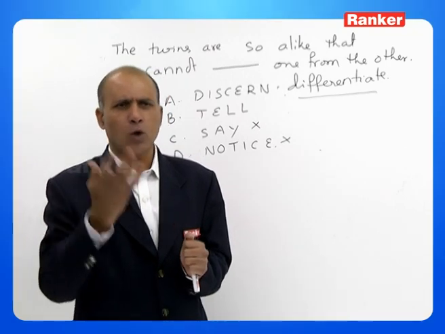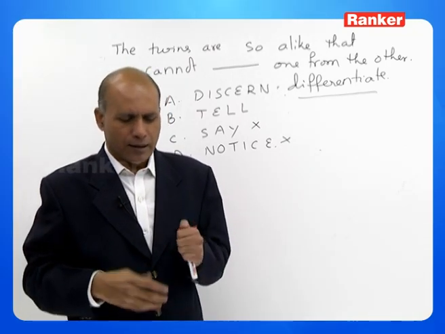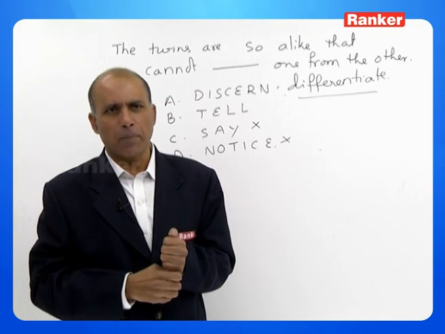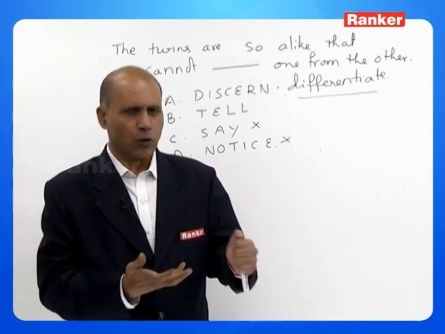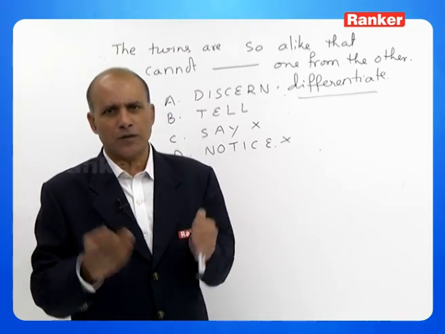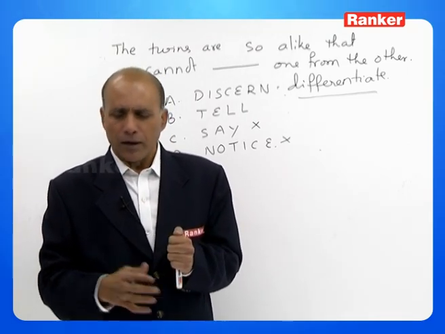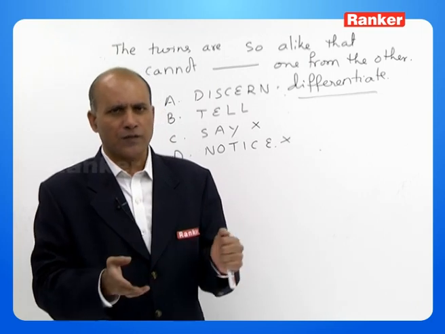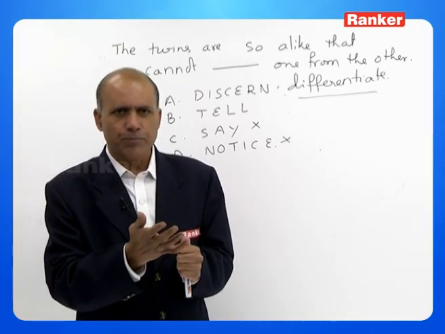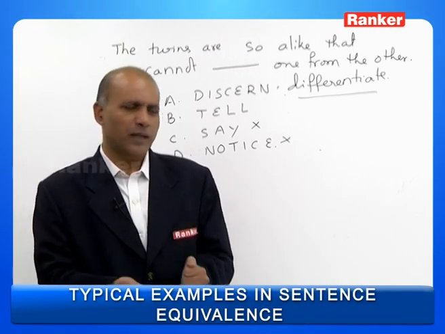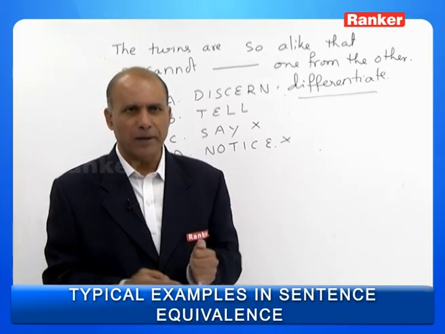But discern is more used in the meaning of, like, sometimes I go shopping. When I go shopping for clothes, or let us say I want to buy a sari for my wife, the salesman puts two silk sarees in front of me. I cannot really understand which is better and which is worse, because for me a fabric is a fabric.